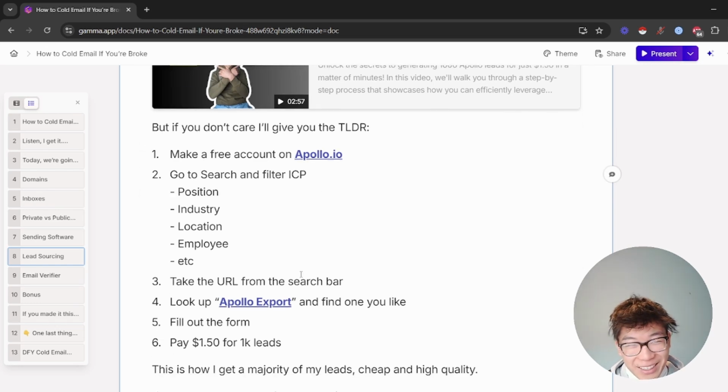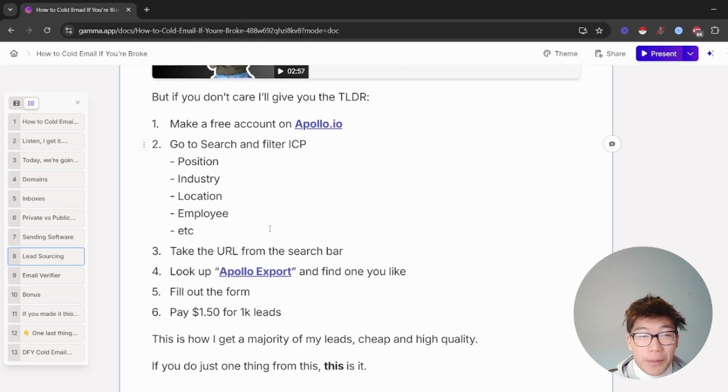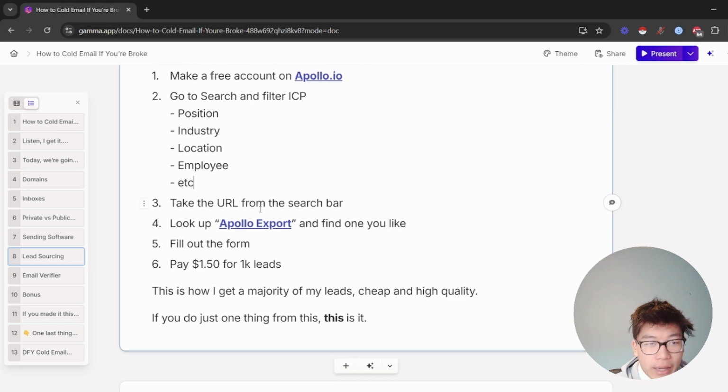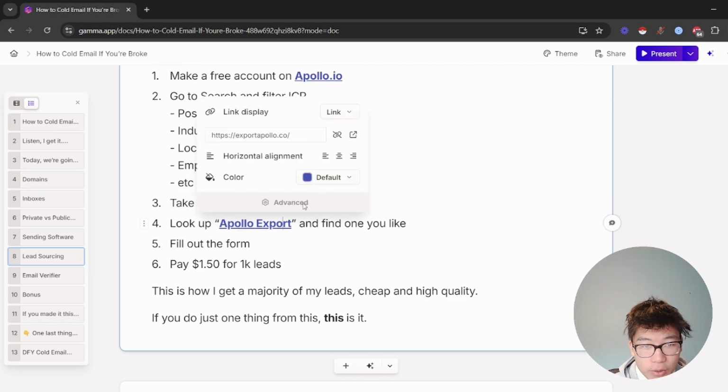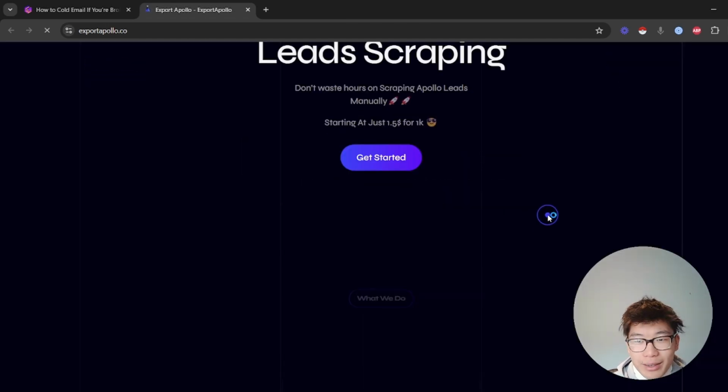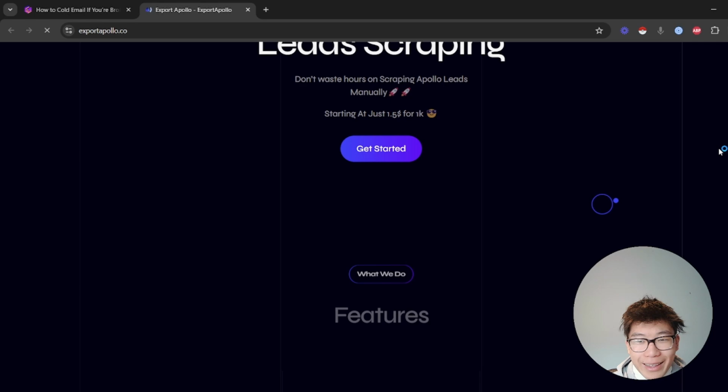How sad. So what you do is you make a free Apollo account, and you go to the search and you filter by ICP, position, industry, location, employee. Basically, get your ICP. Take the URL from the search bar, look up Apollo export. So I'm going to go, this is the one I use primarily. And let's hope it loads and doesn't, like, be mean. These guys are awesome. I use these guys a lot.